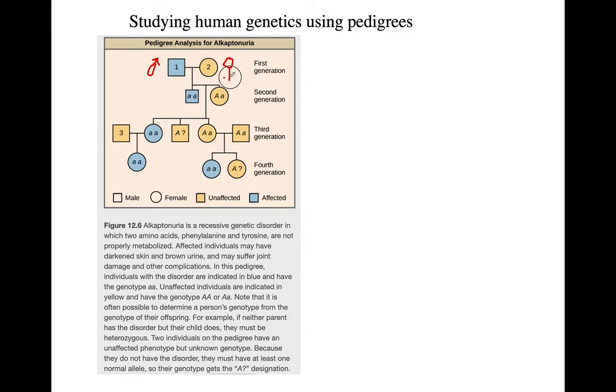Now in this image, they are shading normal and healthy individuals, let's say, because we're looking at alkaptonuria. This is a disease. It's a recessive trait. They're showing them with different colors, but in most of the pedigrees that you see, the affected individuals get a shading.